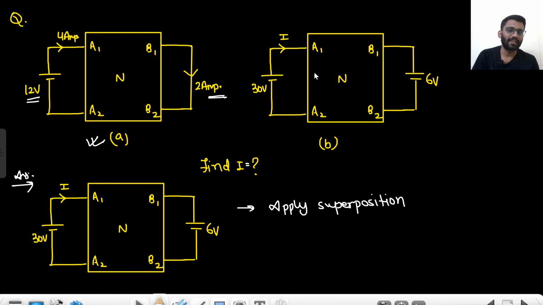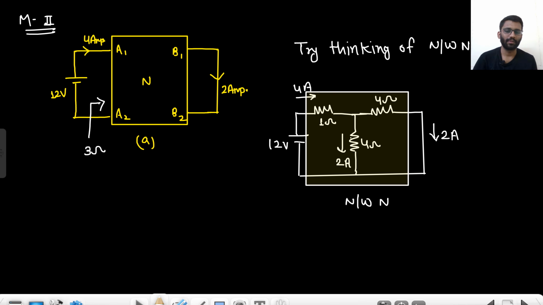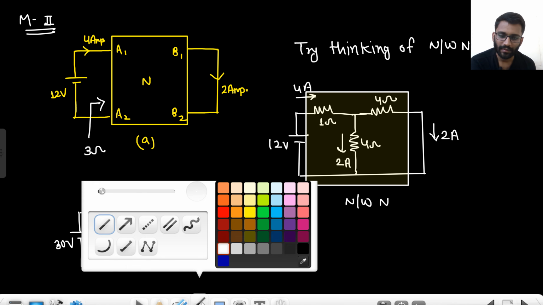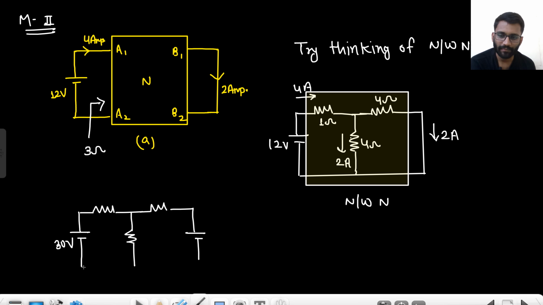Now just take the same circuit and replace it: here I am applying 30 volt and here I am applying 6 volt. So this is my circuit, this is my network N. At one side we are applying 30 volt and at the other side we are applying 6 volt.